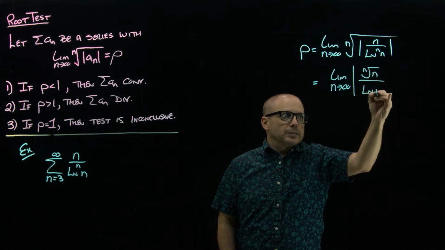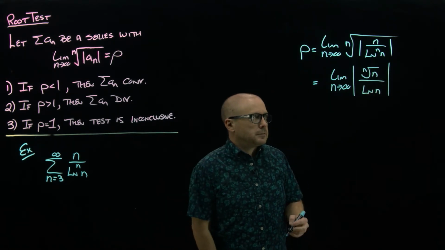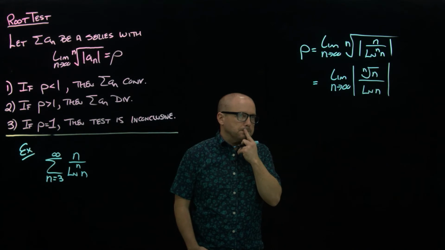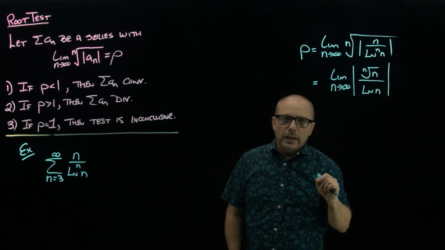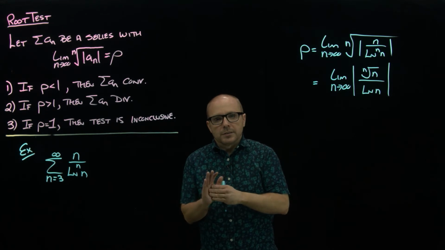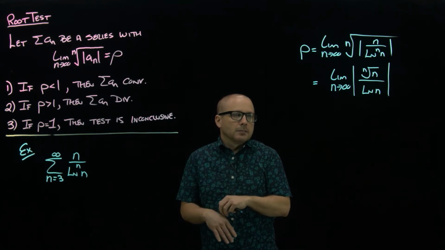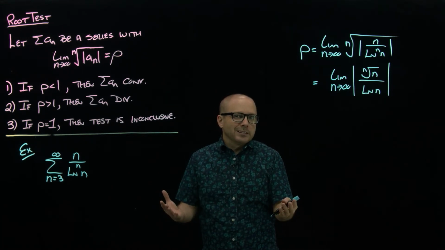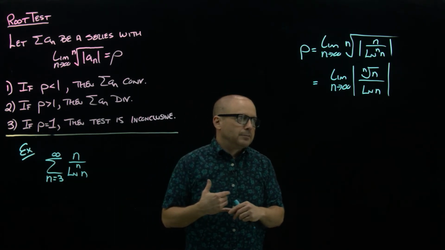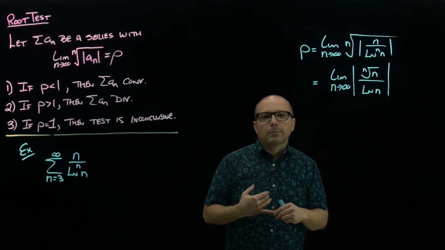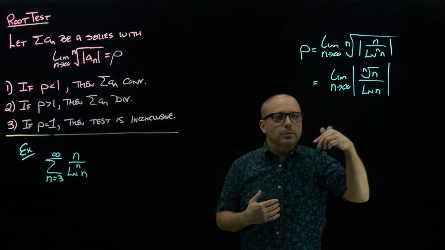But on the bottom, we're just now having natural log of n, an absolute value. Now, natural log of n is not negative, right? Natural log is positive for n bigger than e, so 3 or bigger. Notice how they started this at 3 for us. So I could really drop the absolute value on that, and same thing on that.